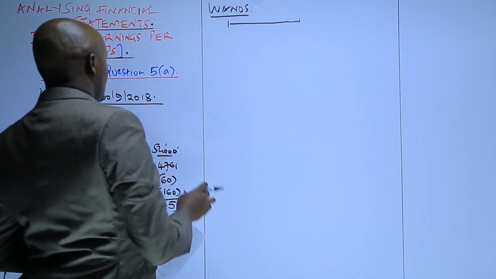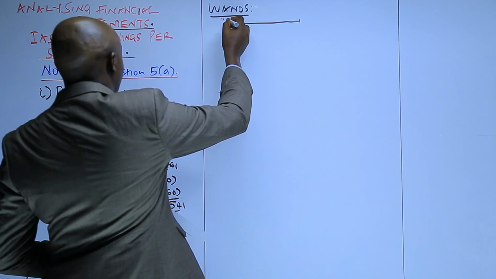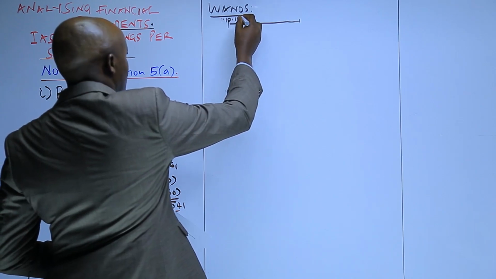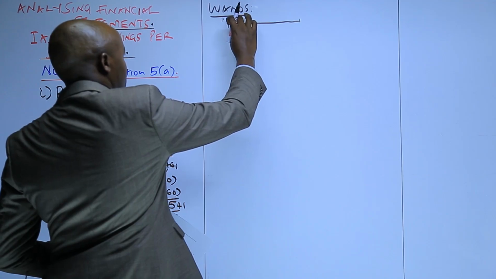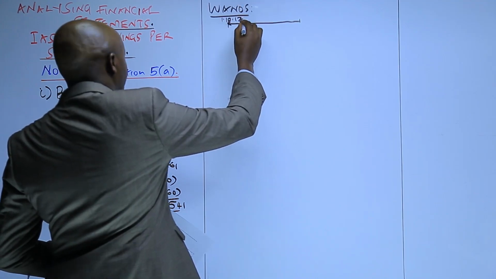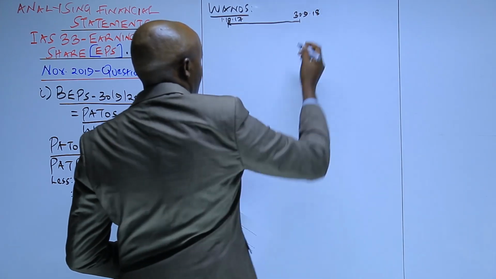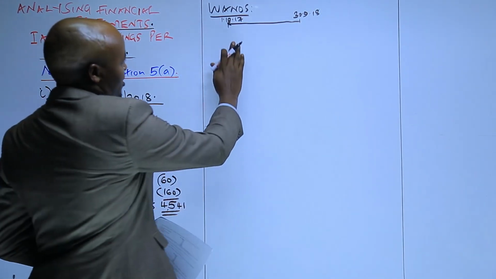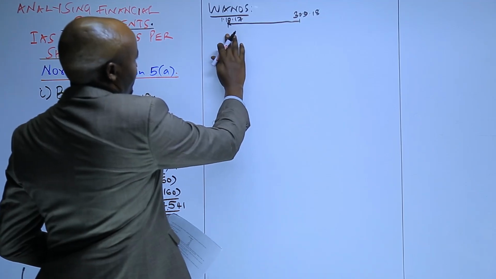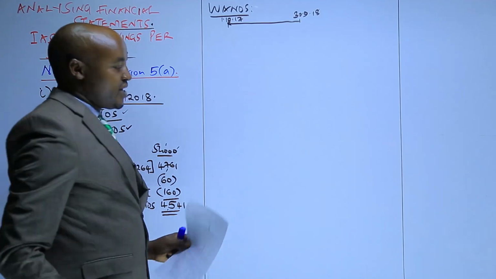This particular year was ending 30th September 2018, and it started on 1st of October 2017, and that year ended 30th of September 2018. So therefore, to compute the weighted average number of ordinary shares, we take the shares issued at the start of the year, and then we add the other shares which were issued during that particular year.